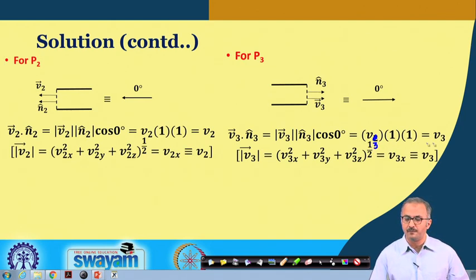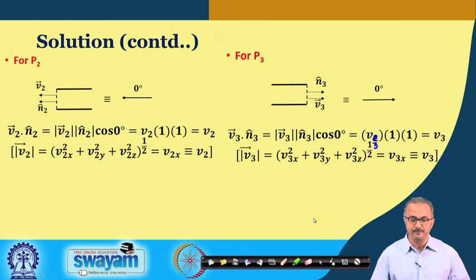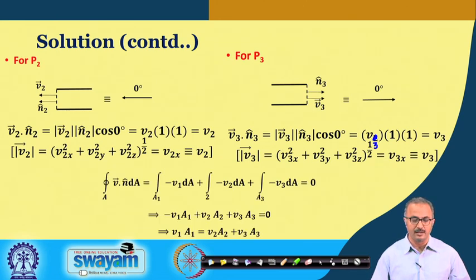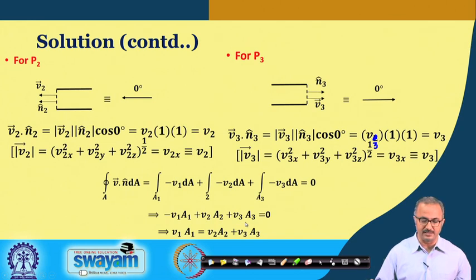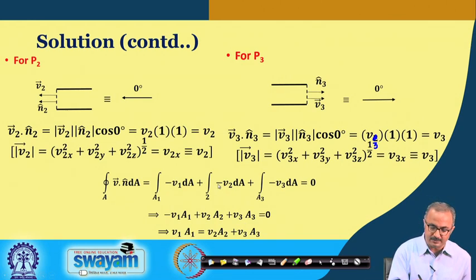So with this, we now have all the terms of the flux in the equation ready. Now we apply this to our previous equation for the mass balance, putting in the respective values: minus V1 A1 plus V2 A2 plus V3 A3.